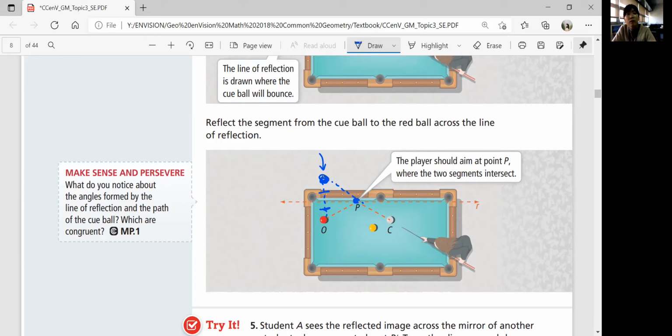So if you're aiming for this image, you get a straight line aiming for that, which should give you the same force to reflect at the same angle to hit the image. Okay, so this type of problem is a real world example where you can use the concept of reflection.